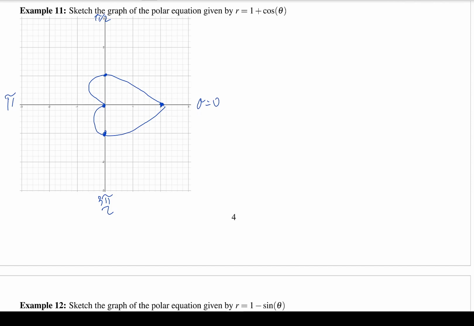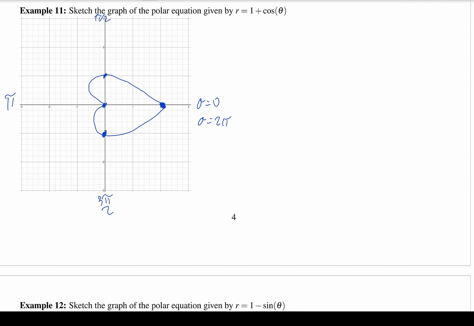Now notice I had to go to pi over 2 to get this point. I had to go to pi to get this point. I had to go to 3 pi over 2 to get this point. And I'd have to go all the way to theta equals 2 pi to come back to our starting point.